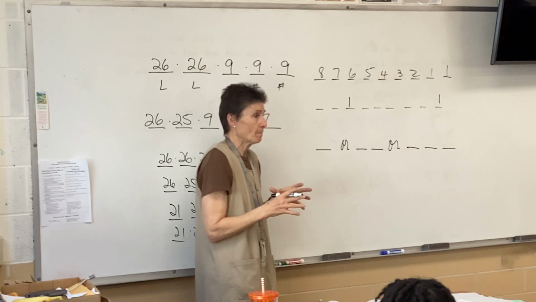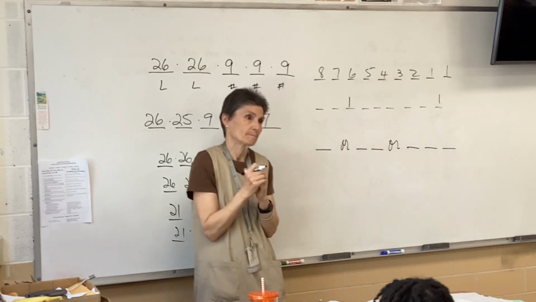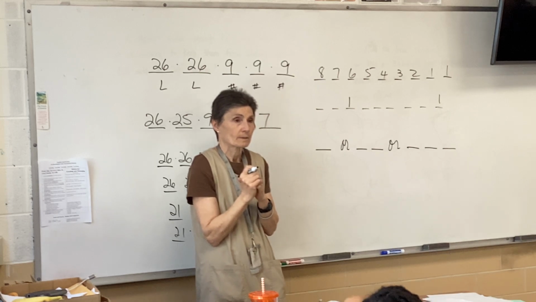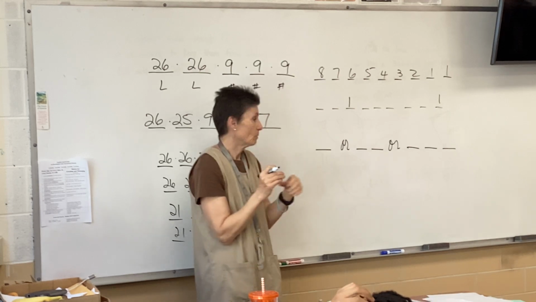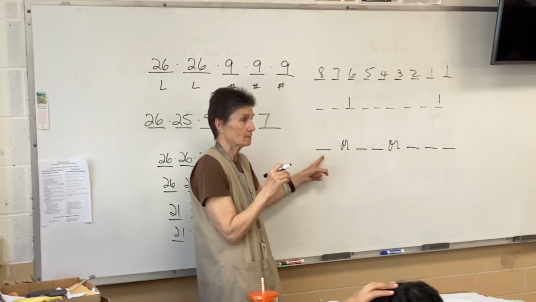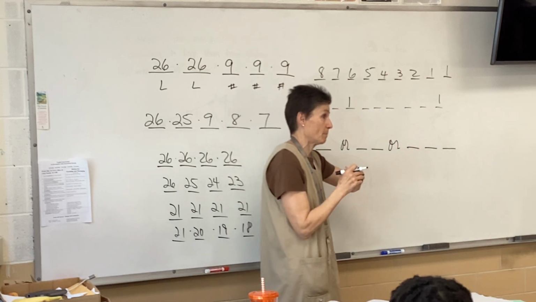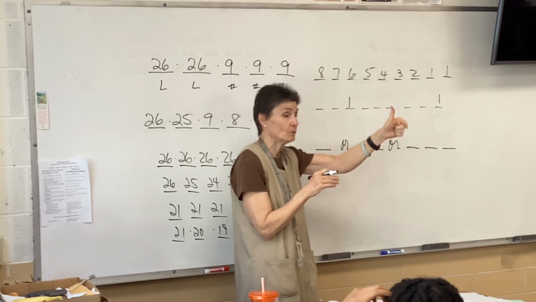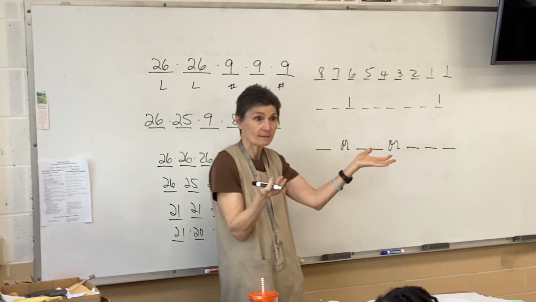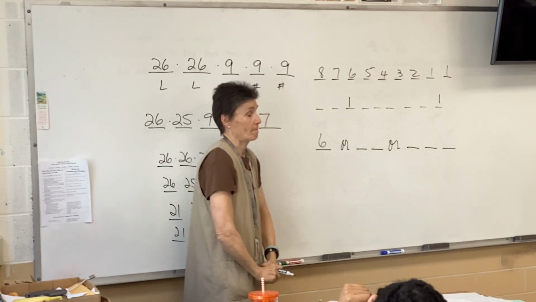So I'm making numbers, but I'm only allowed to use the digits 1 through 6. Okay, well, how many choices do I have here then? 6. If I'm making a 1-digit number, it's either gonna be a 1, a 2, a 3, a 4, a 5, or a 6, right? So I have 6 choices for 1-digit numbers.